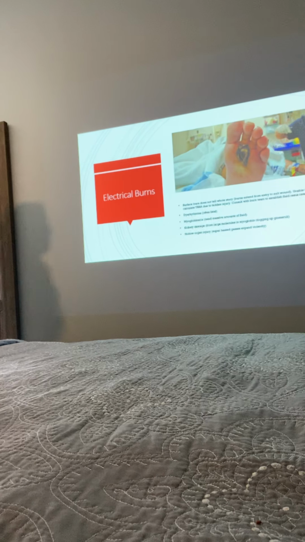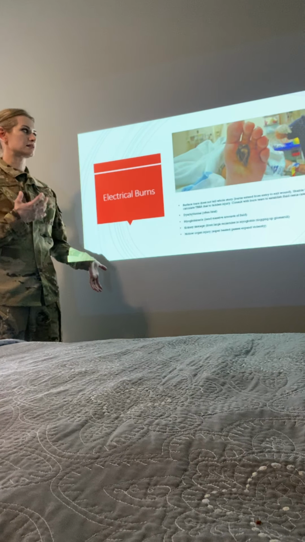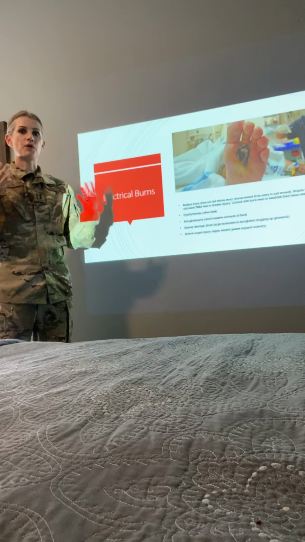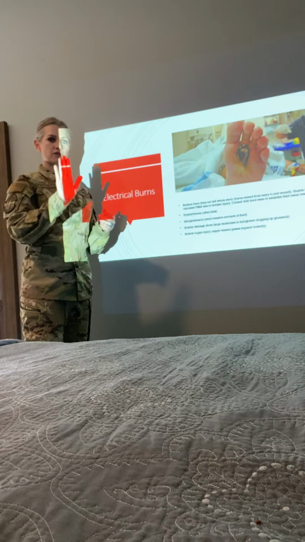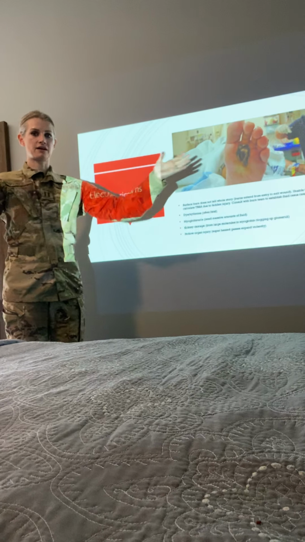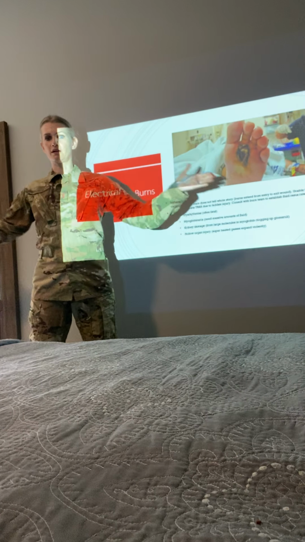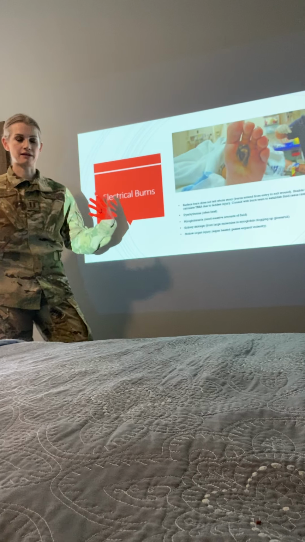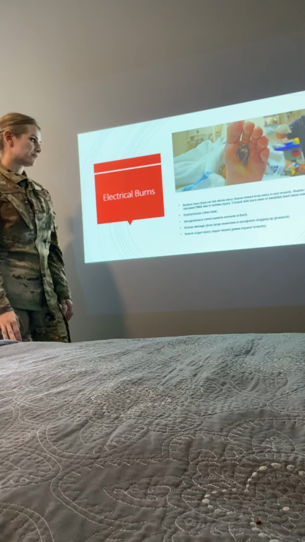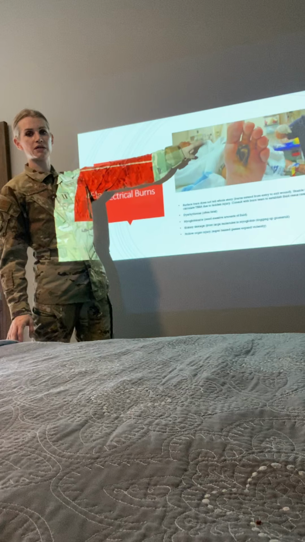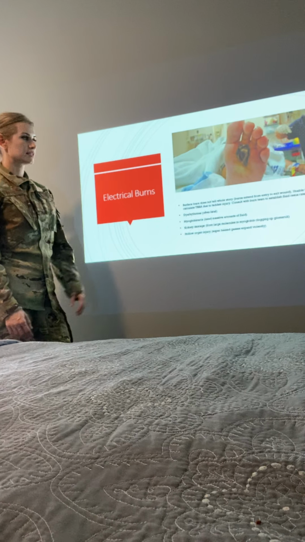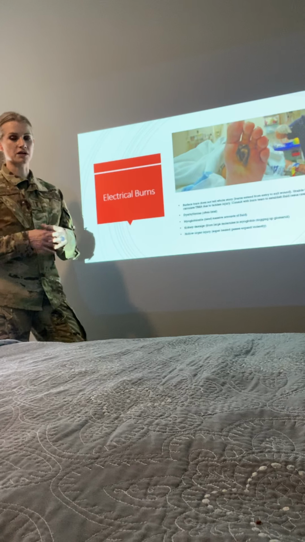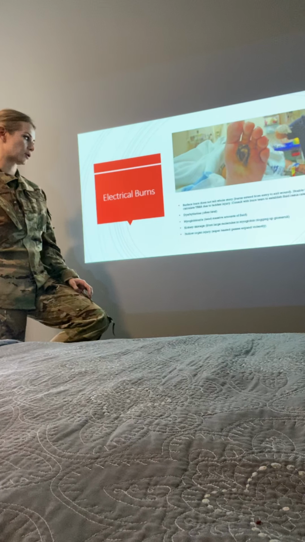Electrical burns are an interesting kind of burn because they are burning you from point of entry to point of exit. So if you get burned here and it comes out here, pretty much everything in here is included in that burned area. So this may be all you see, and this guy could actually have a massive internal burn as well.